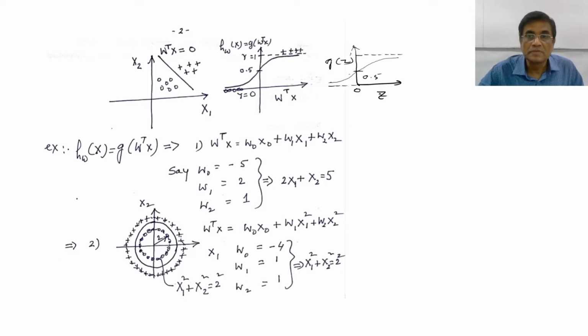This z is here actually the substitute for w transpose x, where w is the parameter. So if z is greater than 0, that means w transpose x is greater than 0, the threshold is 0.5. If it had been 0, it would have been 0.5, but it's greater than 0. That means it belongs to class 1.